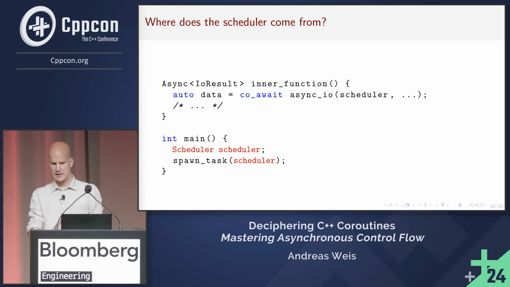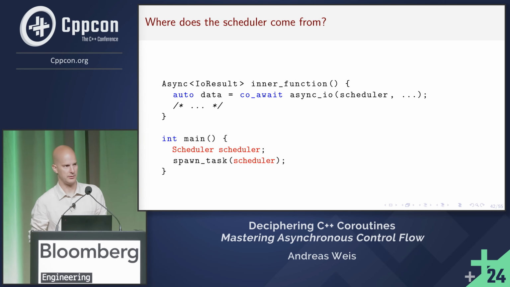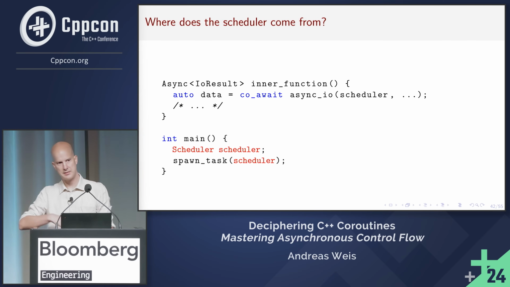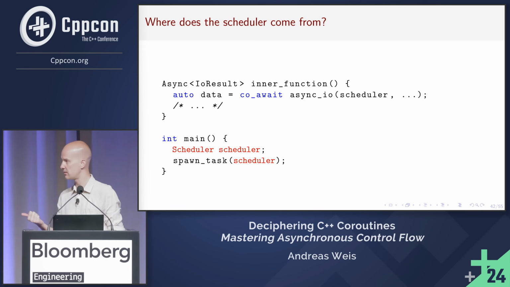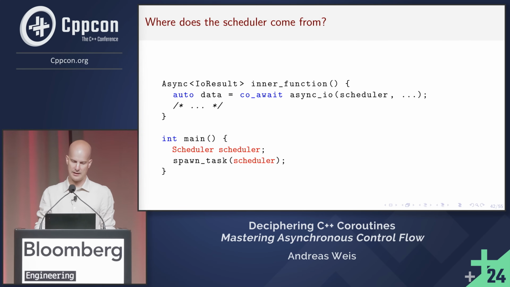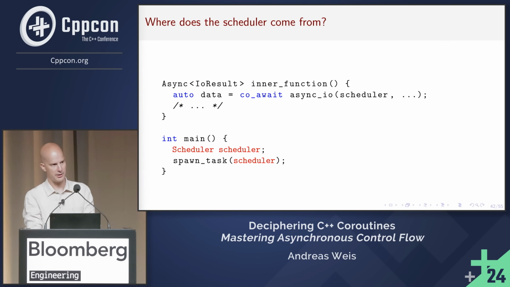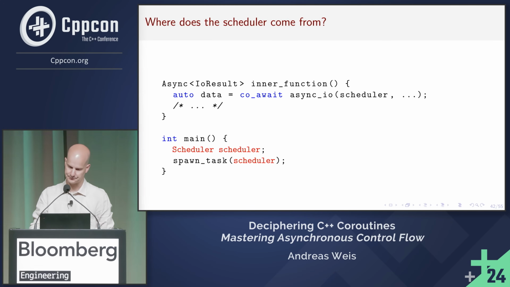Because the scheduler is typically something that the inner function does not decide about, right? This is something that is decided much higher up in the call stack, typically even in main, right? This is where the scheduler gets created. This is where this decision is made. And then somehow I need to propagate this information all the way down into my inner function.